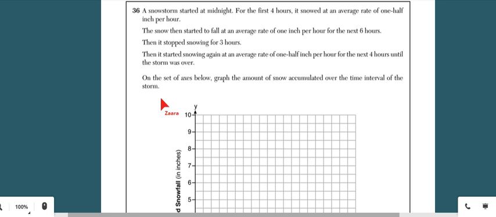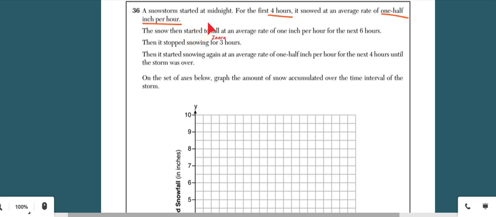In question number 36 it says that a snowstorm started at midnight. For the first 4 hours it snowed at an average rate of 1/2 inch per hour. What is the rate? 1/2 inch per hour. Keep it in your mind.